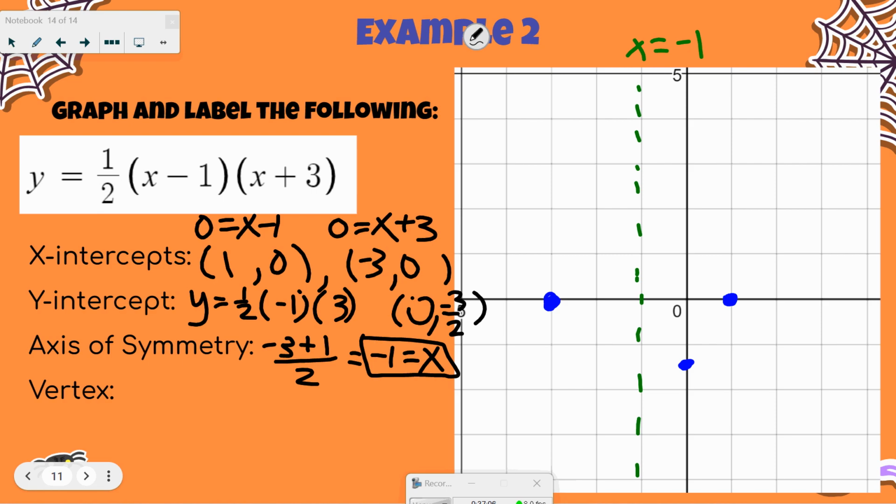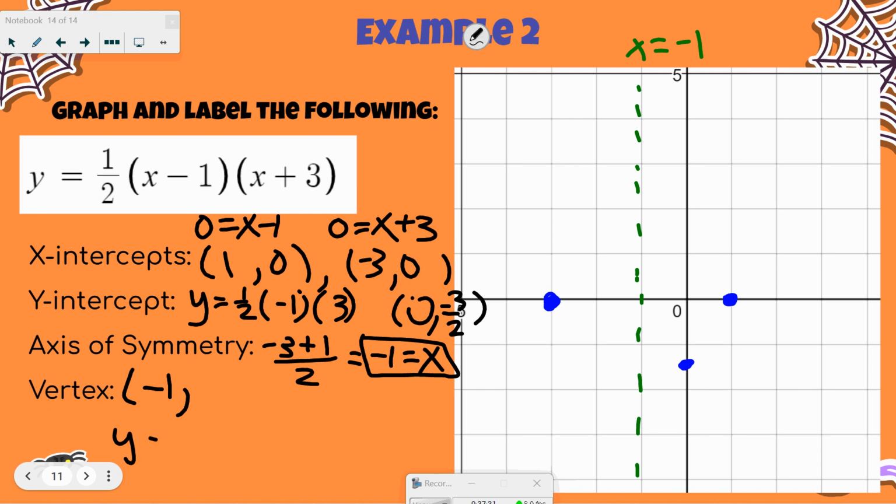So if I know where my axis of symmetry is, I know the x value for my vertex. So my vertex is going to have an x value of what? Negative 1. Good. Now, how can I find the y value there? What would the corresponding y value be there? What do you think, Ruby? Great job.